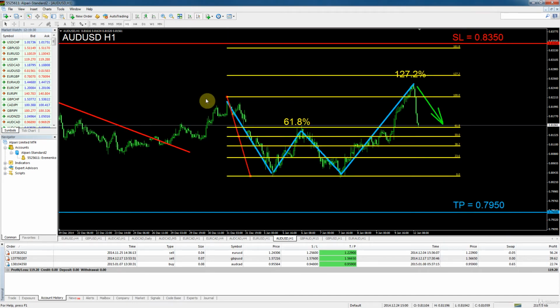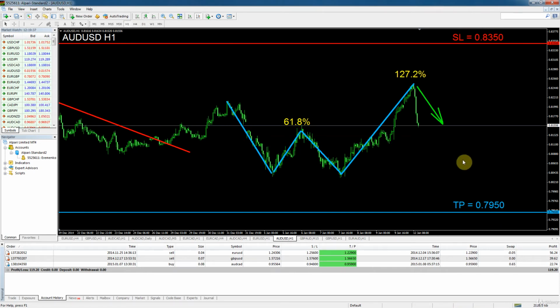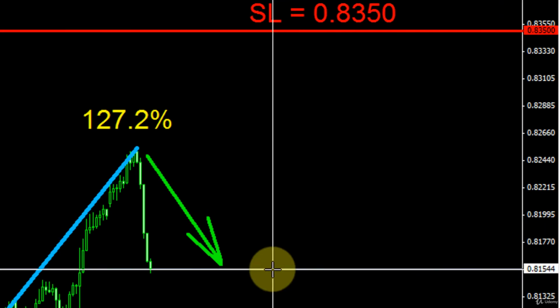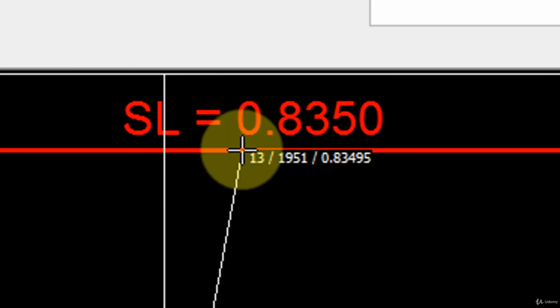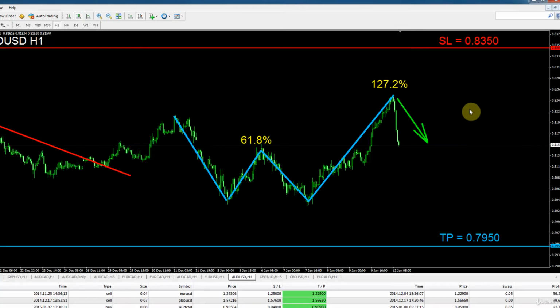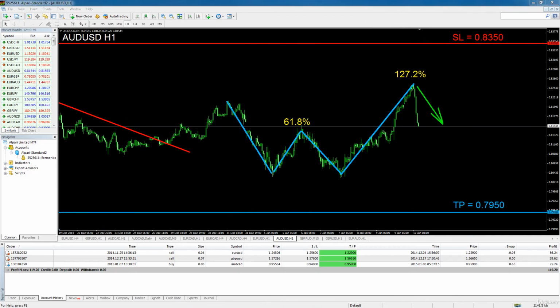I'm just going to delete these Fibonacci lines. The last thing we want to do is measure our stop loss, because we'll need that for the risk calculation. Right now there's about 195 pips in the stop loss. Let's remember that number and move on to calculating our lots.